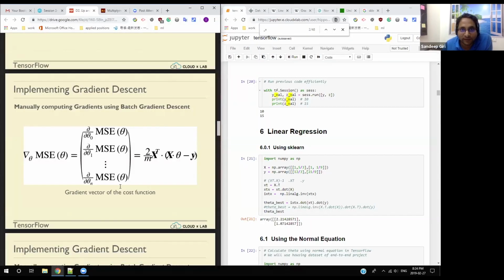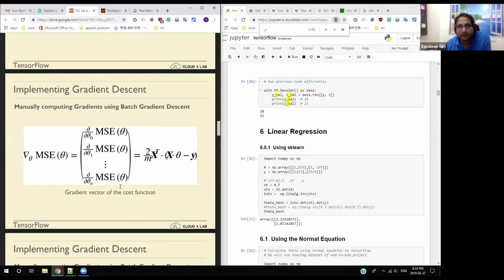Sure. So think of it this way: y predicted is x dot theta. Let me first write it: y predicted is x dot theta.